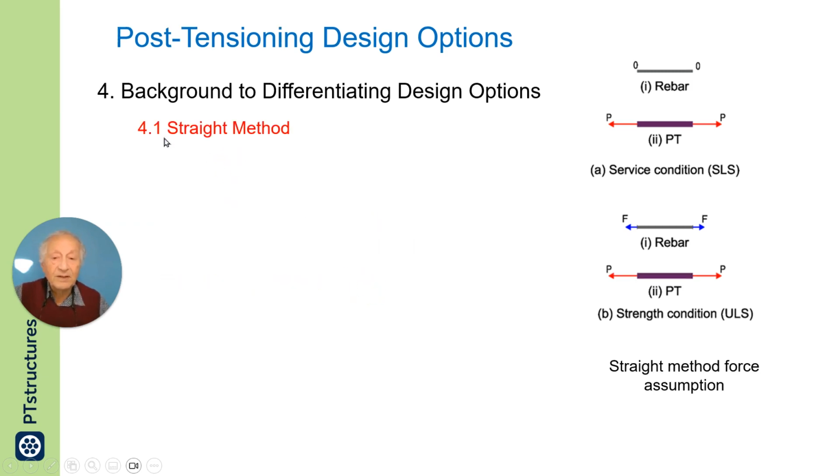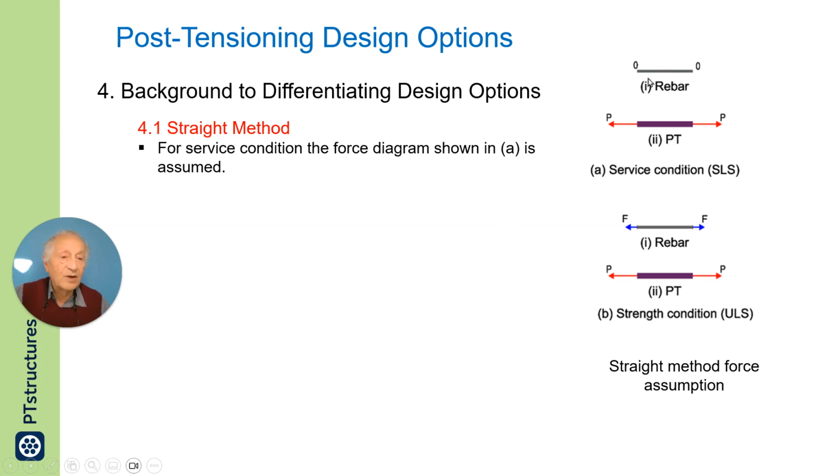Now, let us review the three design options. We go to the straight method, which is the simplest. For service condition, the force shown in A is assumed. Rebar has 0, tendon is P, that is service condition.